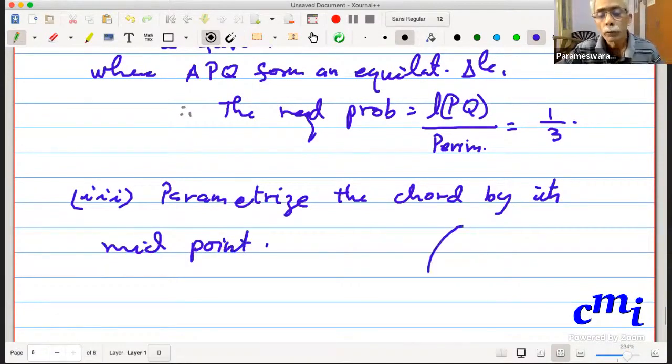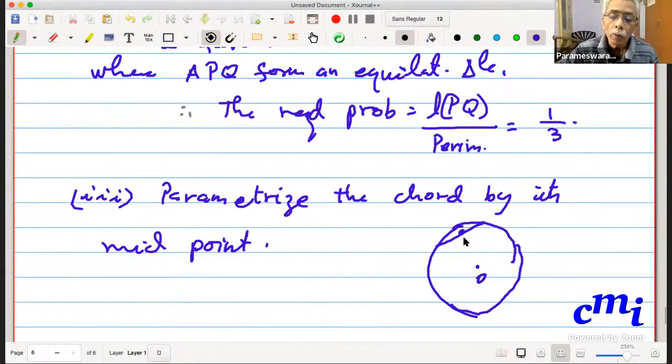If you take any chord, it is parameterized by its midpoint. Once I know the midpoint, I just join it to the center, and that gives me a radius, and you draw a line perpendicular to that. So that is how I parameterize it. Of course, this line comes for free once I pick this point.